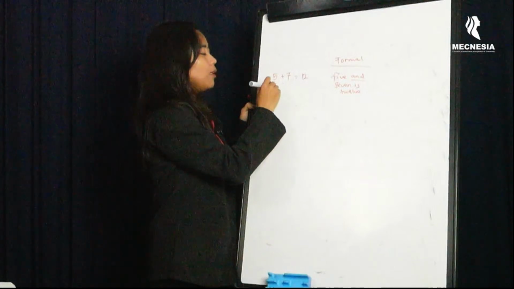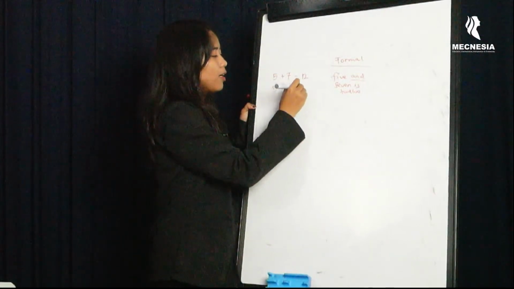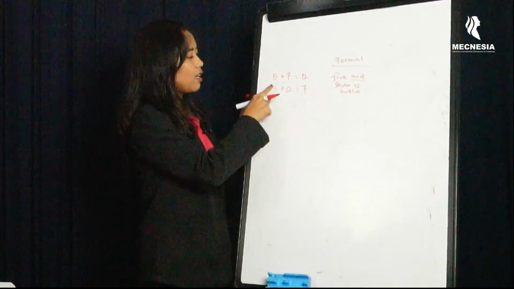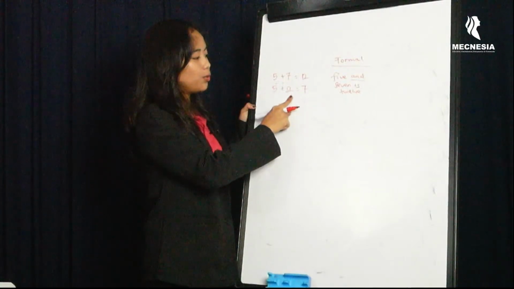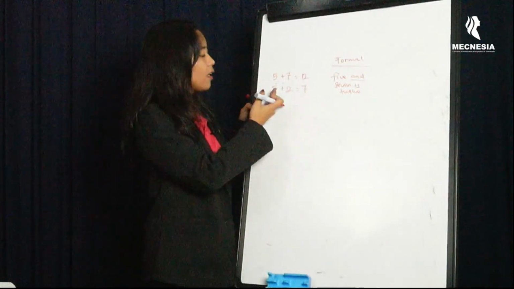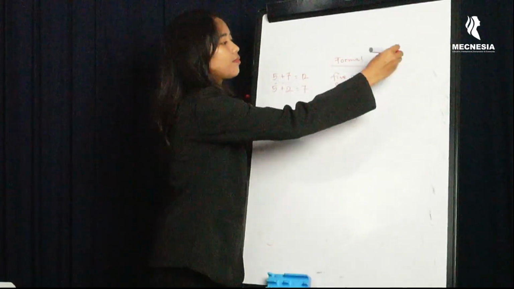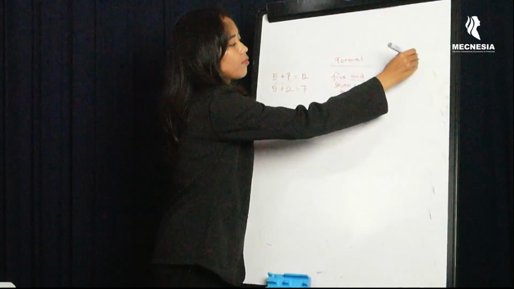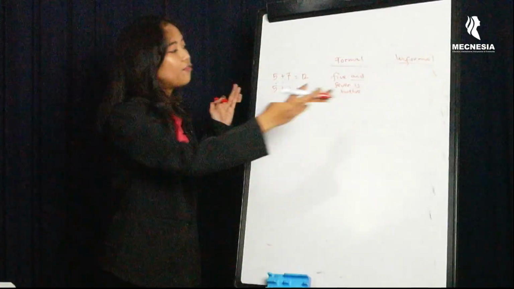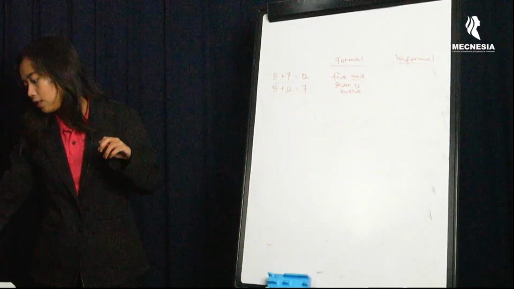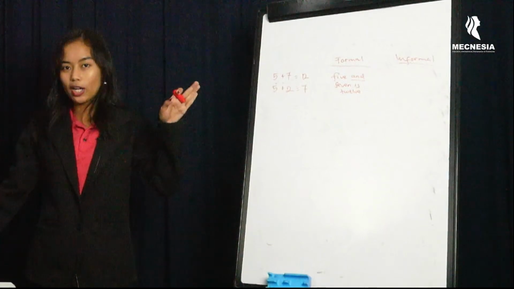Next, 5 tambah 2 sama dengan 7. This one is 5 and 2 is 7. Next, informal. Dengan cara yang informal, kita pakai simbol yang tadi.